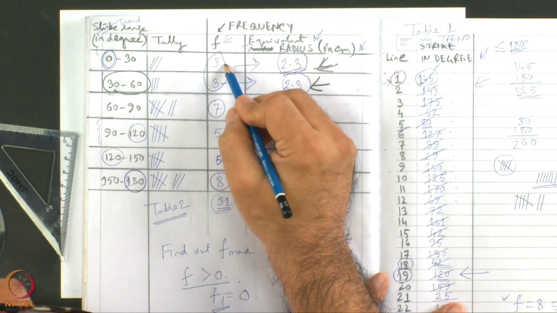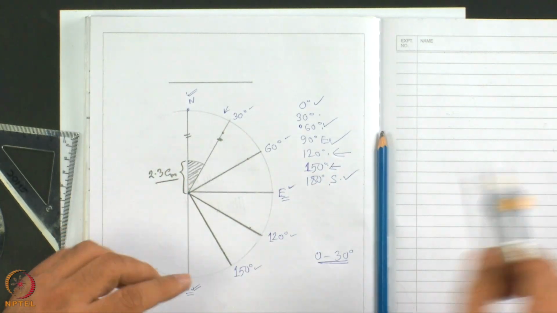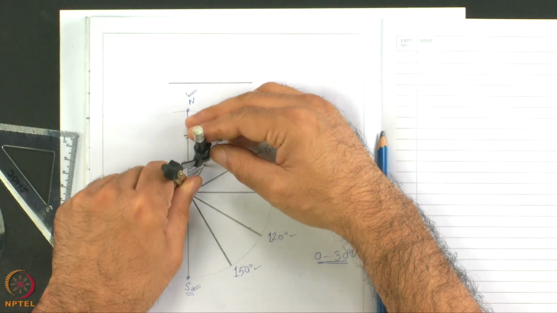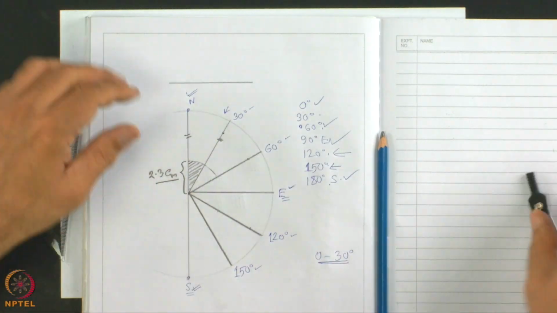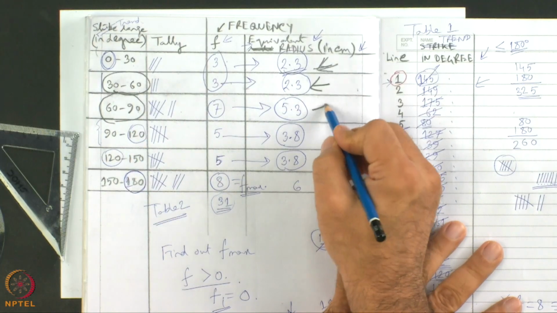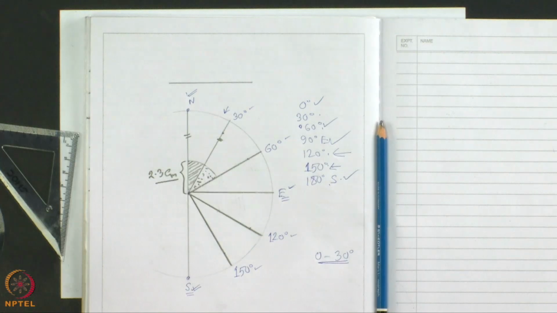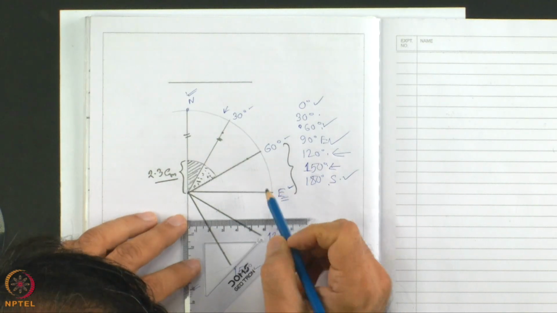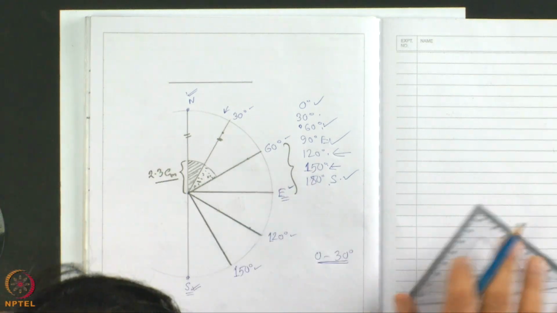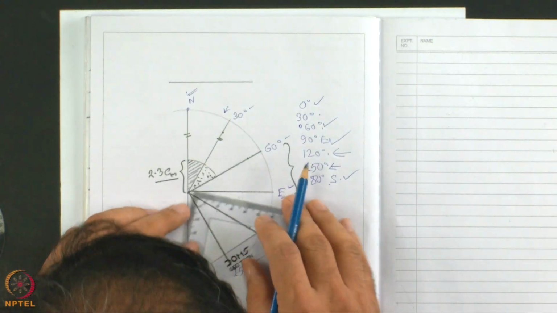Because the frequencies were the same, 3 and 3. So, I have to draw the circular arc from here, 2.3 centimeter, and this is 60 to 90 degree. In this range the equivalent radius is 5.3 centimeter. So, now what I have to do? For the 60 to 90 degree range, either on this line or on that line I will mark the distance 5.3 centimeter from the center.